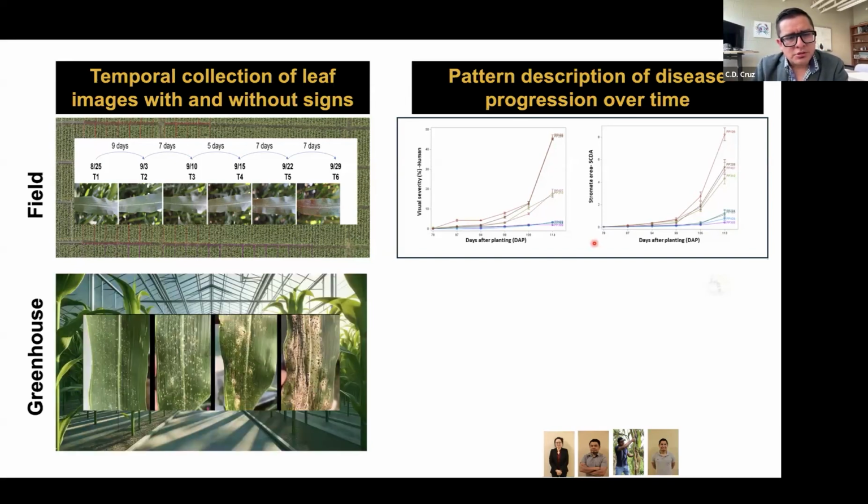For greenhouse conditions, we also implemented the algorithm and extracted, in this case, not percentage area, but stromata count. Keep in mind that a visual rater would take long times to do counts of these hundreds, if not thousands of counts in many cases.